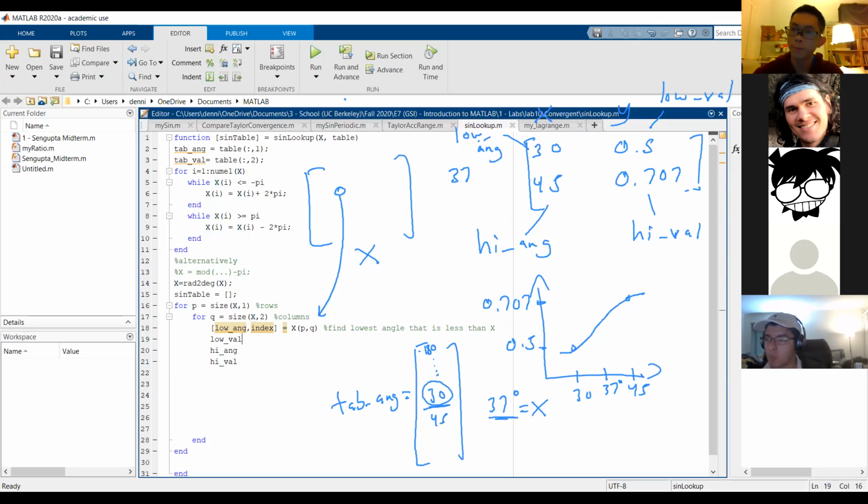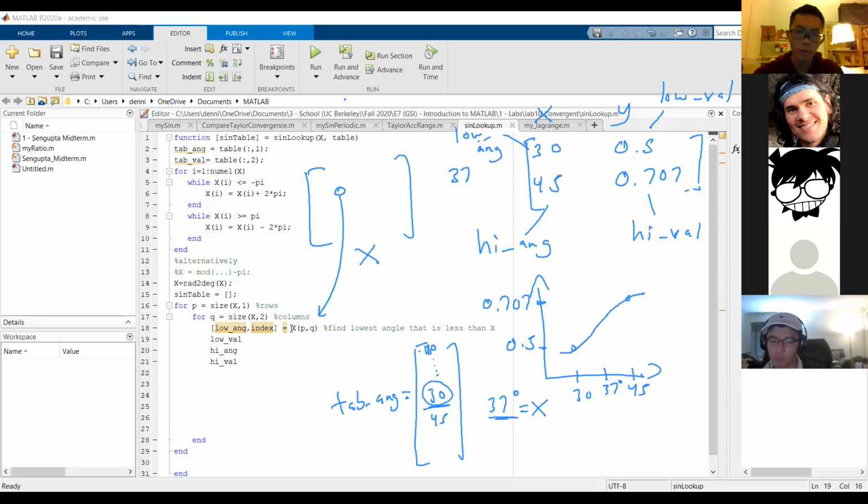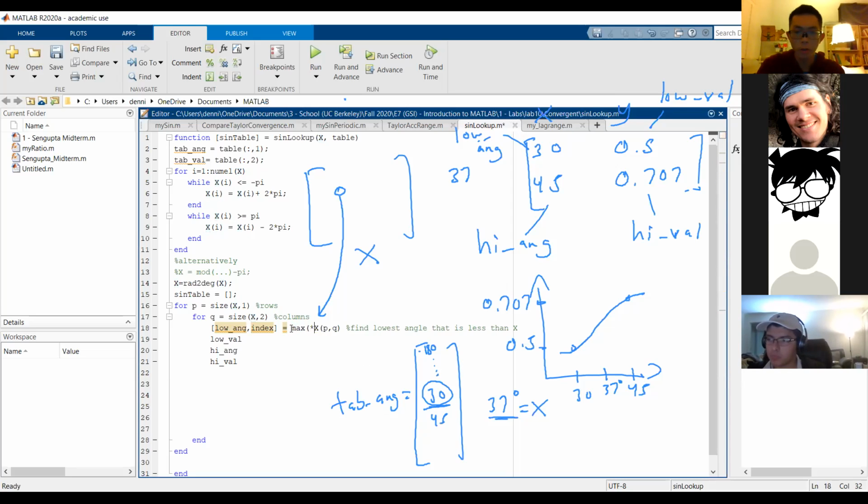Yeah, the maximum value. Here's what we're going to try and do. We're going to find the maximum value of the table angles in which the value of table angle is less than x.